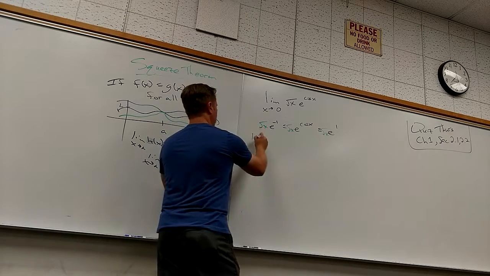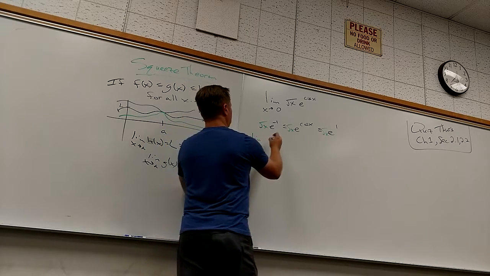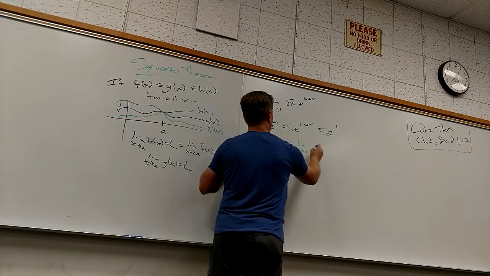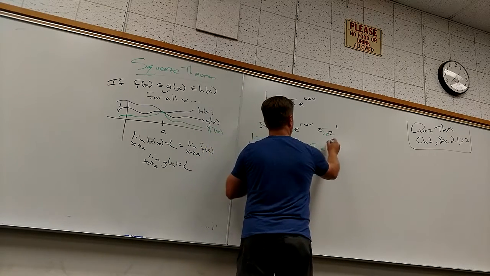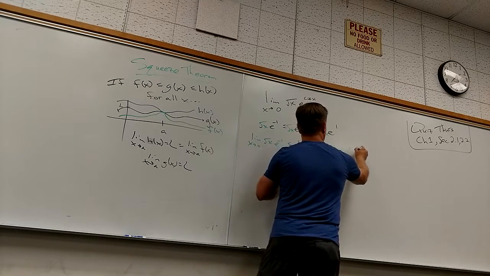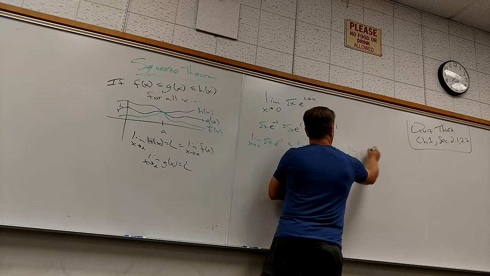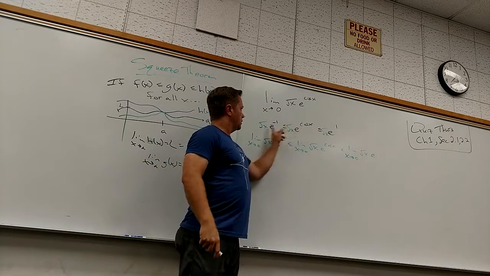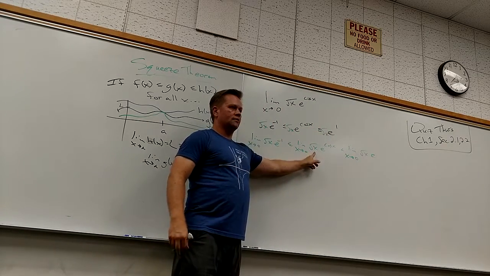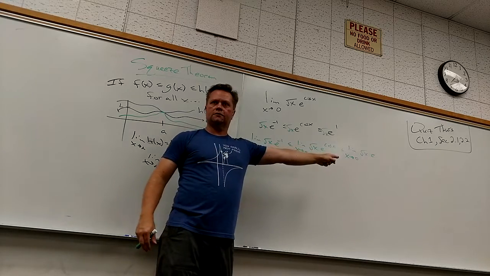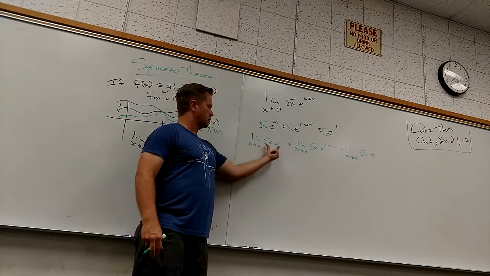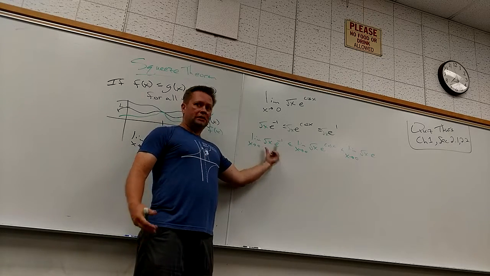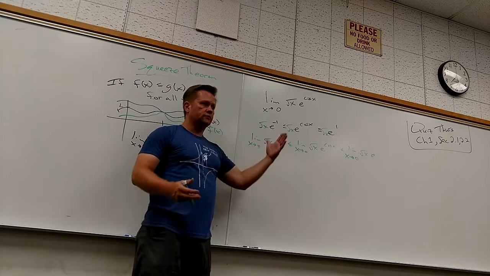now take the limit as x goes to 0 of everything. Since this is always in between these, this limit has got to be in between these. And what's the limit as x goes to 0 of a constant times square root of x? 0, because when you plug a 0 in, it's 0.